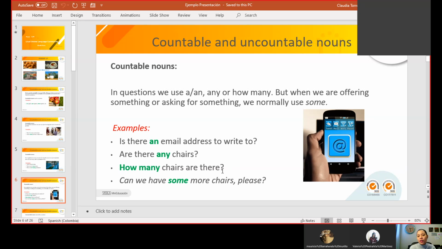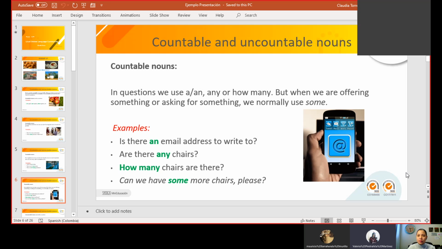So, let's try one more with how many. Okay, Valeria, can you please give me an example with how many? Mauricio, if you are listening to me, please write your example in the chat. An example with how many?